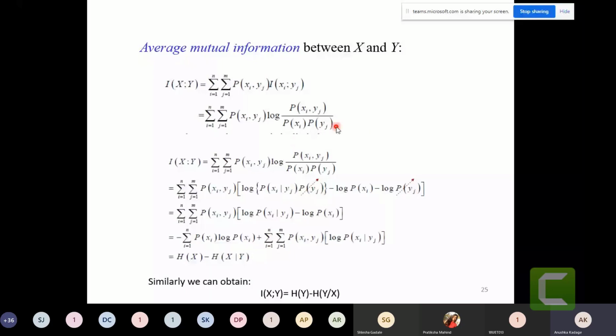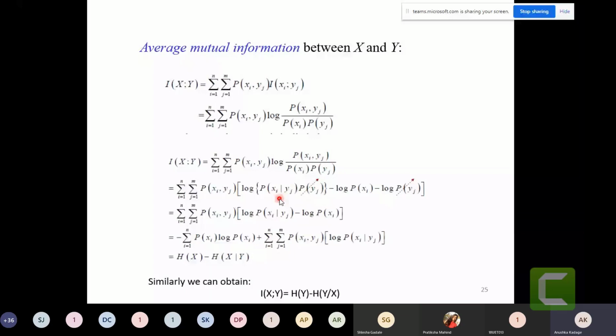In the next step, we are going to take the log of P of xi yj divided by P of xi and P of yj separately. Because when I take the log of this expression, log of P of xi yj can be replaced by putting the value in terms of conditional probability and marginal probability, that is P of xi by yj multiplied with P of yj.